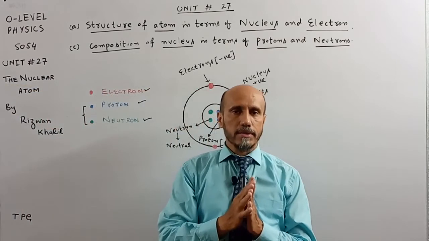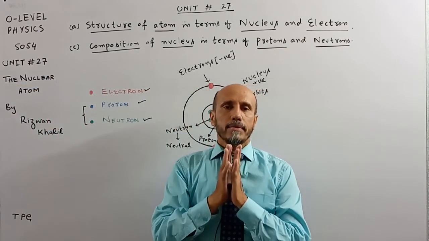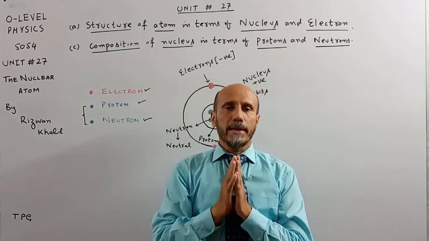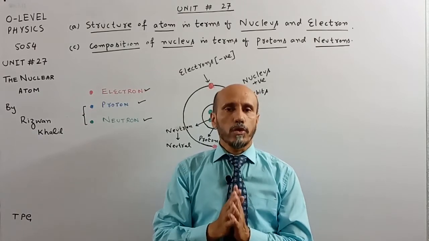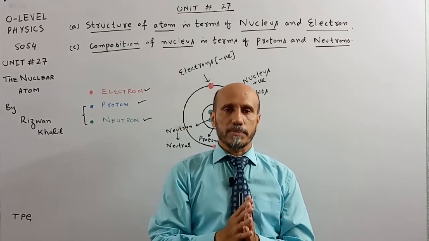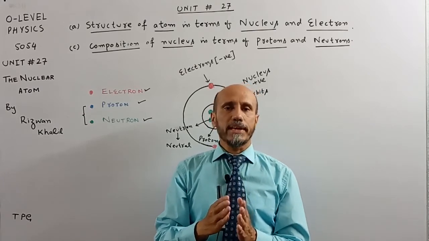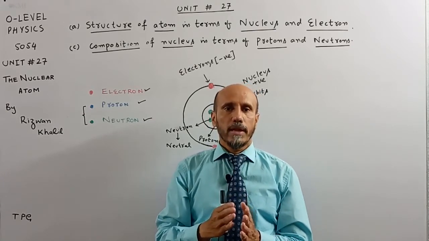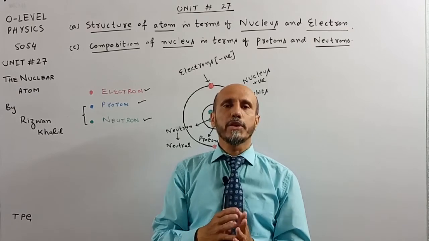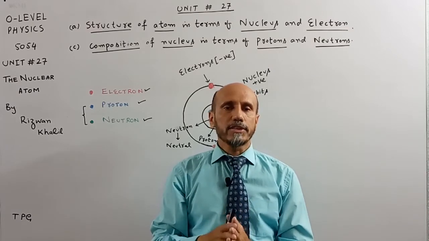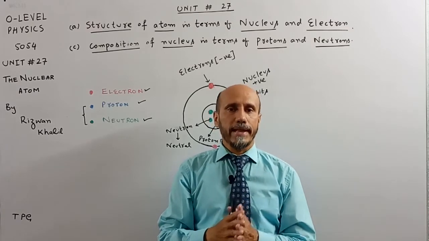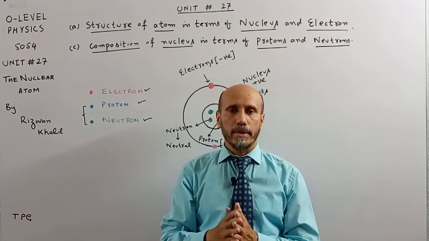Two particles, protons and neutrons. Protons are positively charged particles. P stands for protons and P stands for positive. And neutrons are neutral particles. N stands for neutron and N stands for neutral.